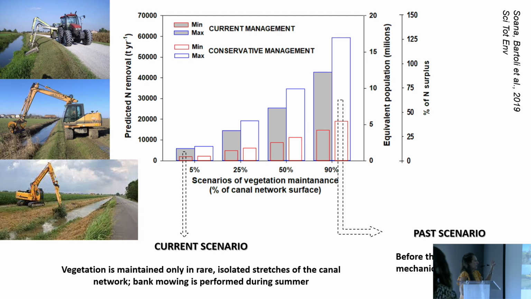But if we look at the other number in the graph, you can see that, for example, if we think to restore vegetation in about 1/4 of the total network, we could reach a capacity of removed nitrate that is equivalent to the load that is produced by a population of about 5 million equivalent inhabitants. That is more or less 1/3 of the total population living in the Po River. So it's a very great capacity.